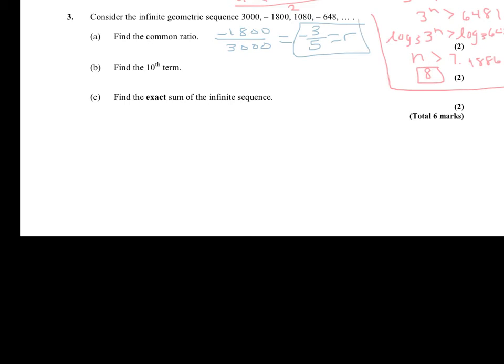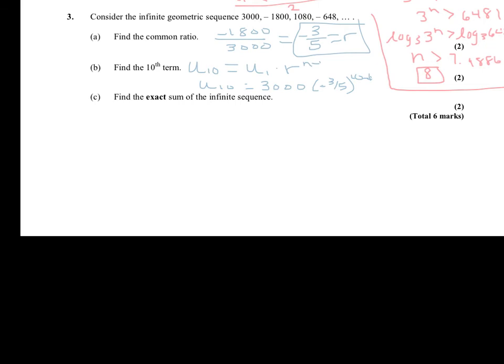Then it asks us to find the 10th term. Okay, so we're trying to find u sub 10. And so we're going to plug into the formula, which says u sub 1 times r to the n minus 1. So u sub 10 would be 3,000 times r, which is negative 3/5, to the 10 minus 1, or to the 9th.